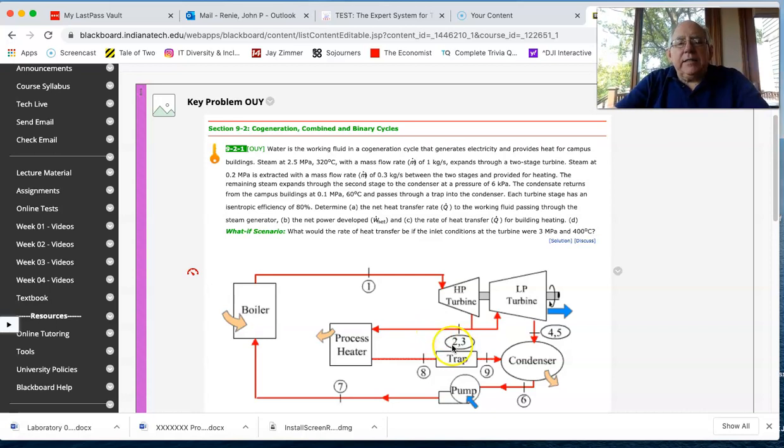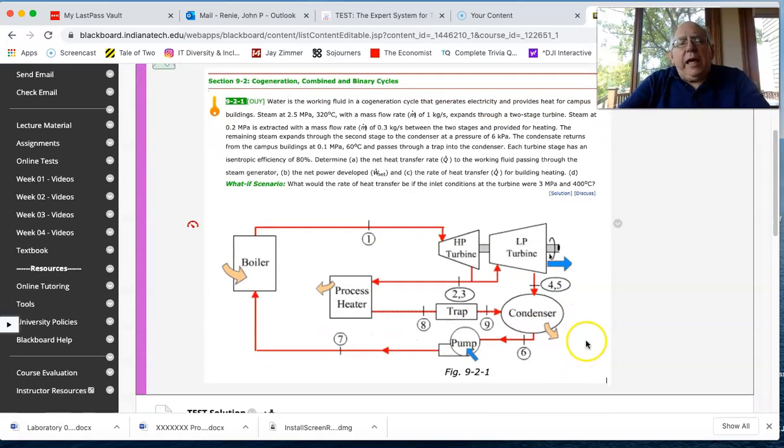Therefore we identified a state 2 and a state 4 as being the isentropic condition, where state 3 and state 5 correspond to the non-isentropic or actual condition. Once we allowed the full amount of the fluid to come in, and that was 1 kilogram per second, we then had to split the state at 3 to go over to the process heater and to go over to the low pressure turbine.